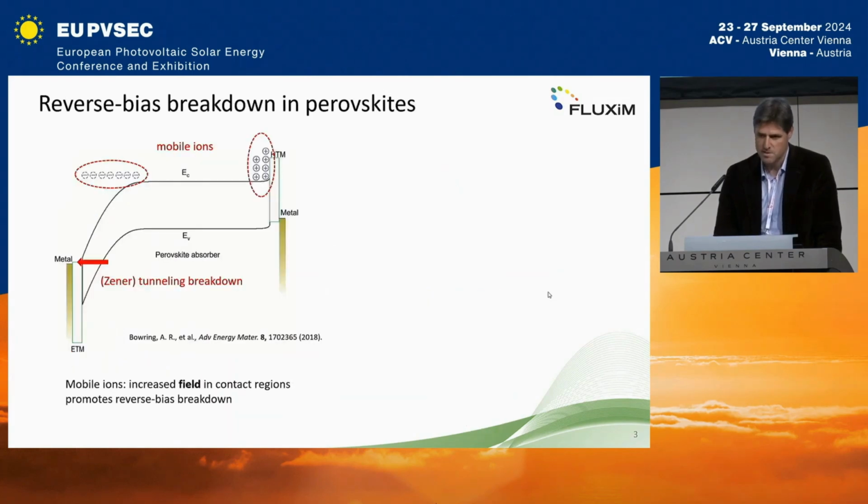And in perovskite, you have the additional situation that under reverse bias condition, the mobile ions screen the field inside the perovskite, but they actually increase the field close to the contacts, and then this can promote this tunneling breakdown via the Zener mechanism.